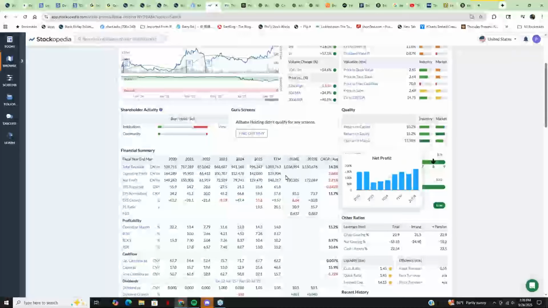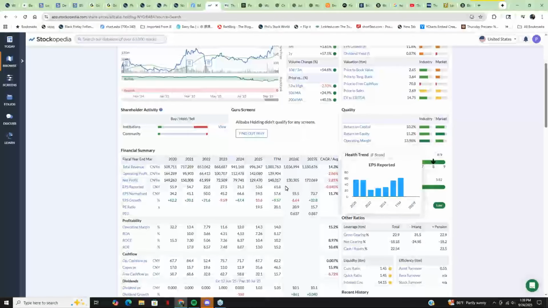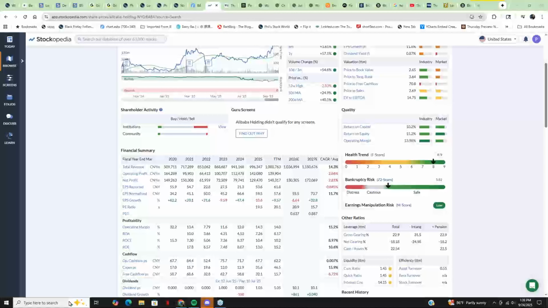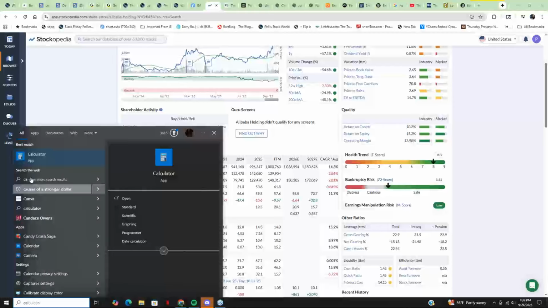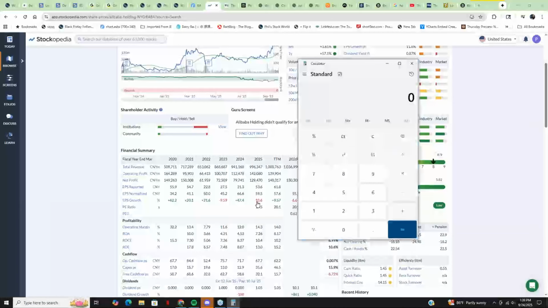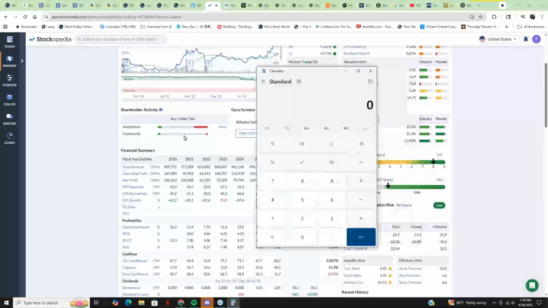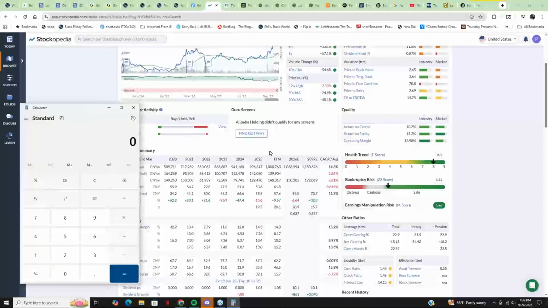The point is that this is Chinese money, so you have to divide by 7. Where's the calculator? So 130 divided by 7.